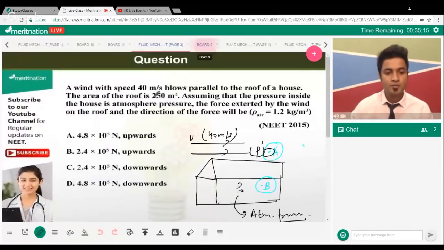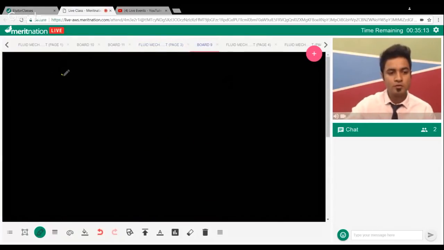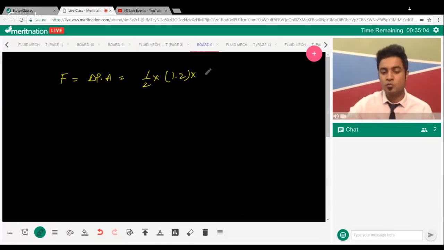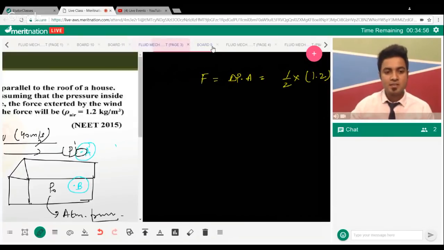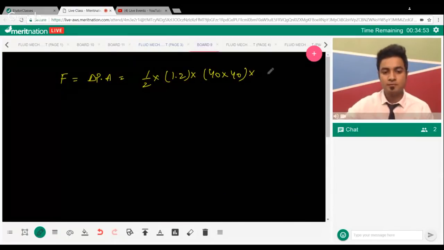This is half rho V square. Rho is given to you. So force is nothing but delta P into A is equals to half, rho is given to us 1.2 kg per meter cube, V square means 40 into 40, 40 meter per second by which the wind is blowing. And we do have the area. Area is given to us as 250 meter square, right?